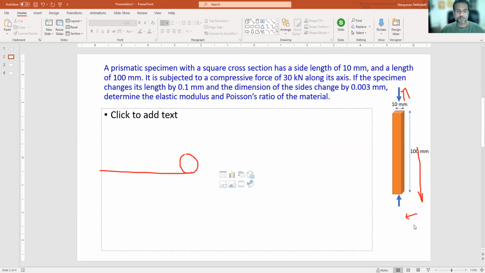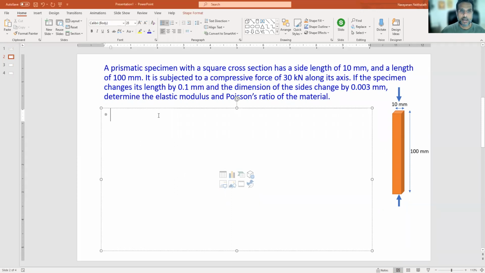So the next problem is a problem on a prismatic specimen with a square cross section. The last problem was cylindrical. This is square, side length of 10 millimeters.